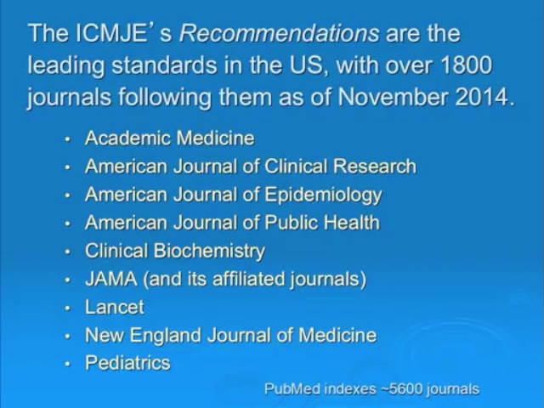So Academic Medicine, American Journal of Epidemiology, American Journal of Public Health, JAMA and all of its affiliated journals, Lancet, New England Journal of Medicine, Pediatrics, places that do a lot of really strong clinical research want their writers, their authors, to follow the guidelines in the International Committee's statement.